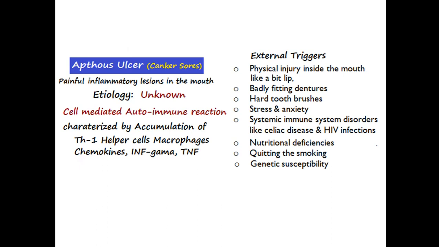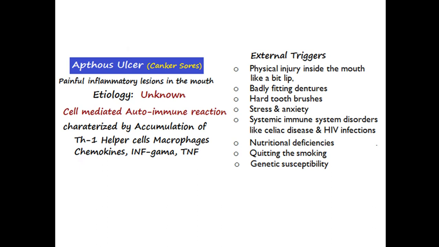Better you know, T cells, we divide them into T helper cells, T effector cells, T suppressor cells, and Th1 cells and Th2 cells. So, in Aphthous ulcers, there is accumulation of helper T cells of Th1 type, along with macrophages, and the inflammatory cytokines or chemokines, particularly interferon gamma and tumor necrosis factor.